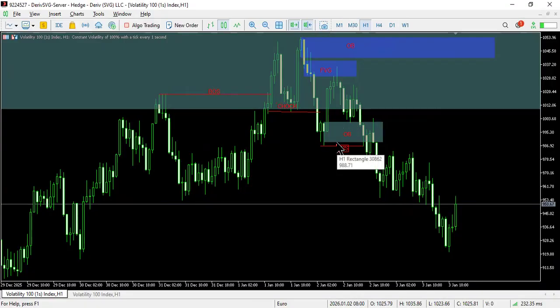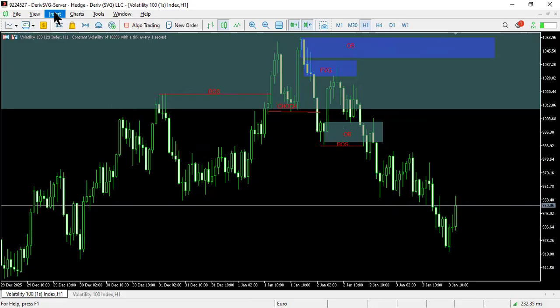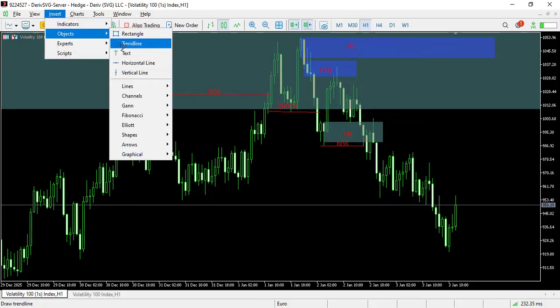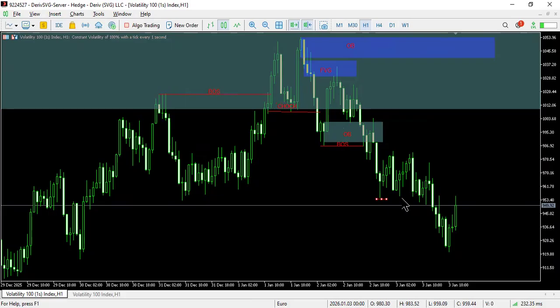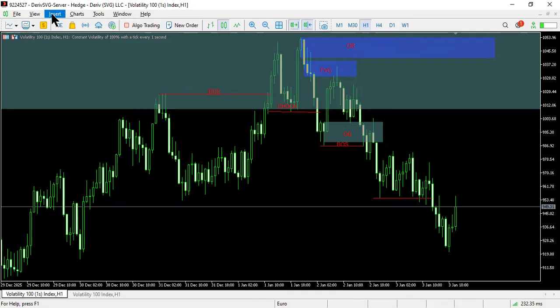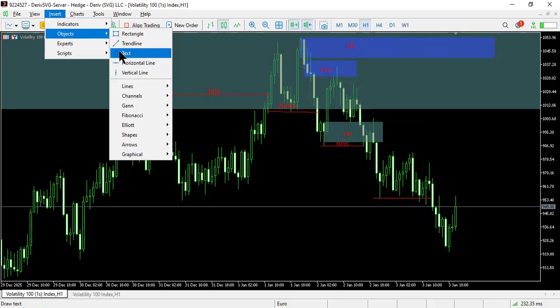Order block already mitigated. And then I can see there is a recent break of structure here. So that is the most recent break of structure. So we have a break of structure there.